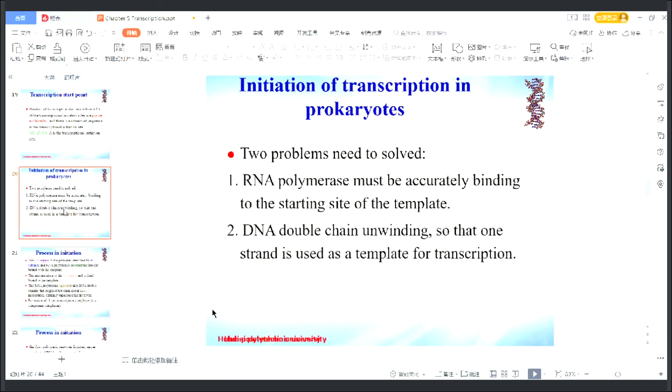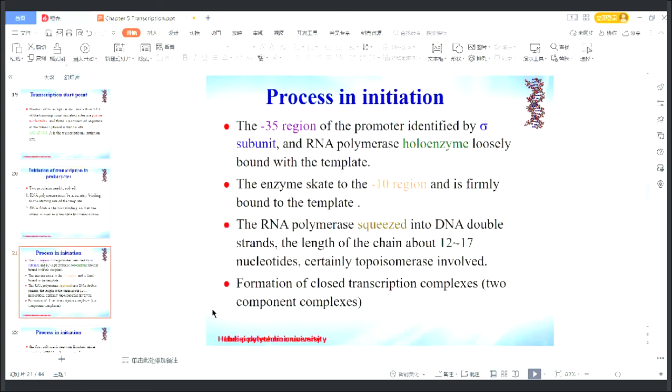How to begin? You can see, first we start this one stage. The negative 35 region sequence in the promoter is recognized by the sigma subunit of the RNA polymerase. The other subunits immediately join and bind to the promoter and form the holoenzyme, loosely bonded with the template.